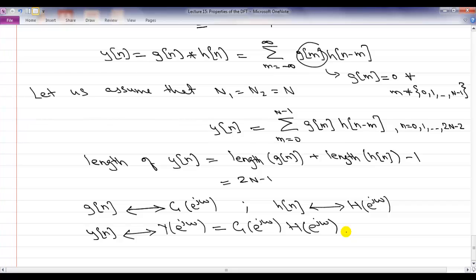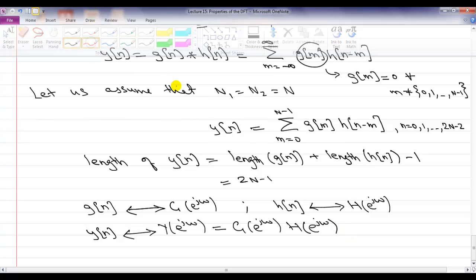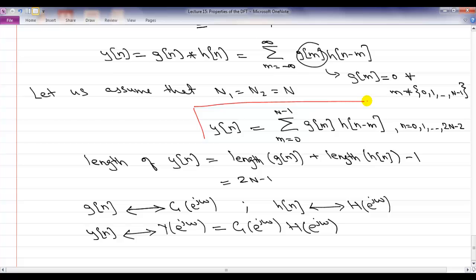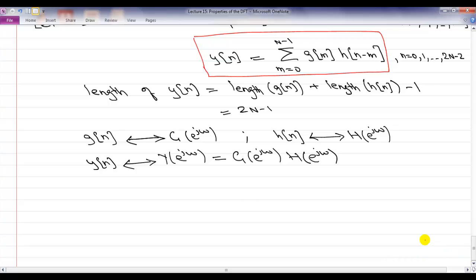We will define a new sort of convolution, where the length of the convolution is the same as the length of both the sequences. And the way you define circular convolution is very similar to this expression. So remember this linear convolution expression for finite length sequences. What is linear convolution doing?